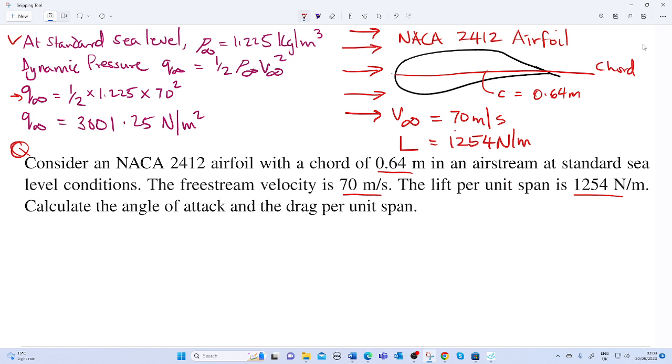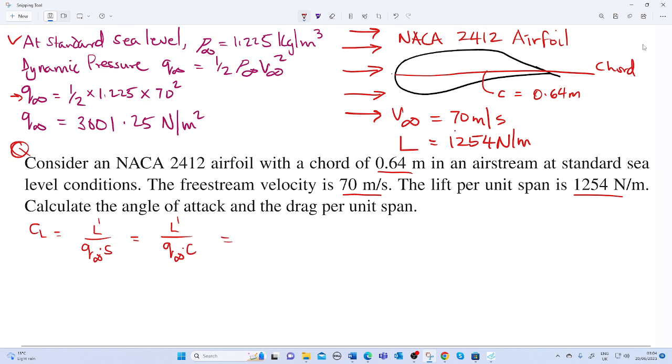Now that we have the dynamic pressure, the next thing is to calculate the coefficient of lift. Don't let us forget that the coefficient of lift equals lift over the dynamic pressure, Q infinity, times the size of the airfoil. So this becomes L, the lift, over Q infinity multiplied by the chord length.